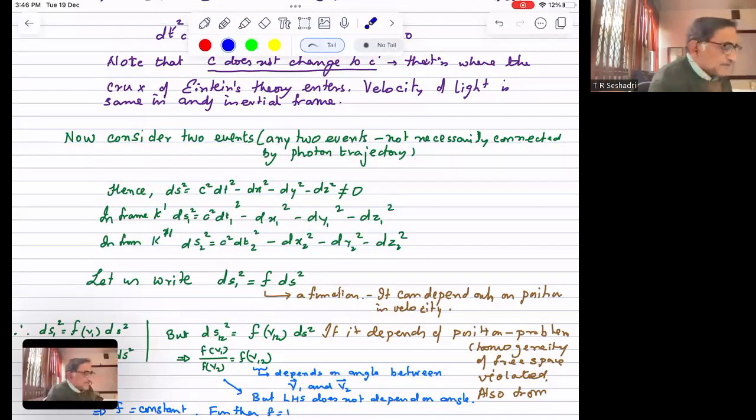What is the other thing f can depend on? f can depend on the velocity of these two frames.